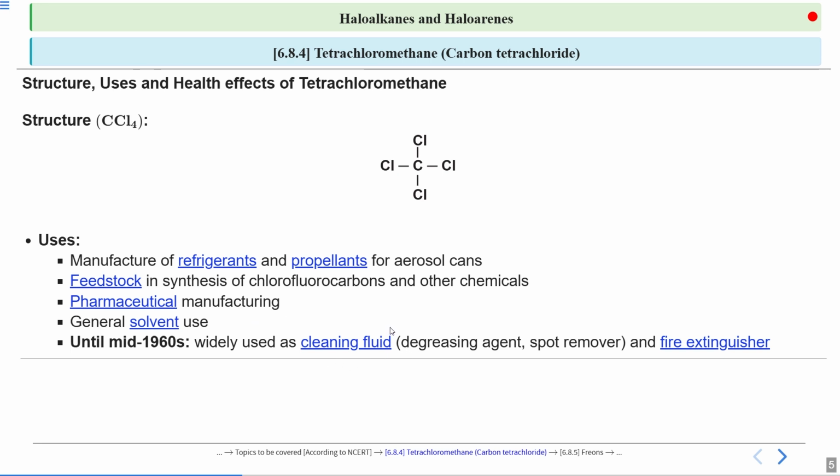We used it for cleaning purposes, as a degreasing agent or as a spot remover. The words are explaining everything. And carbon tetrachloride was also used as a fire extinguisher at that time. So these are the major uses of tetrachloromethane in today's time as well as in the previous time.